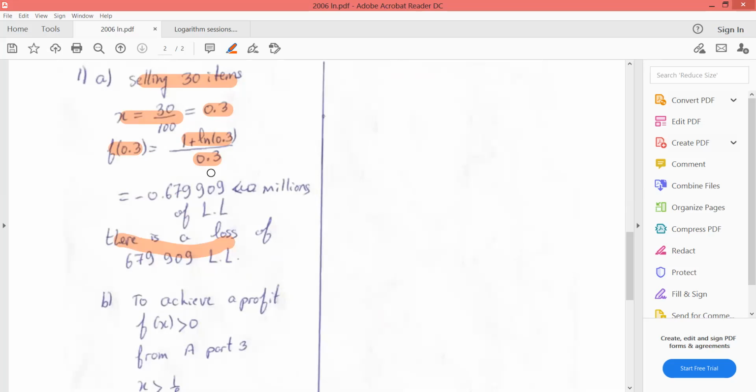If we get a positive, we have a profit. If we get a negative, we get a loss. Would you like to ask a question? No. As I told you before, if the unit is in millions, you have to put 6 digits after the decimal point.